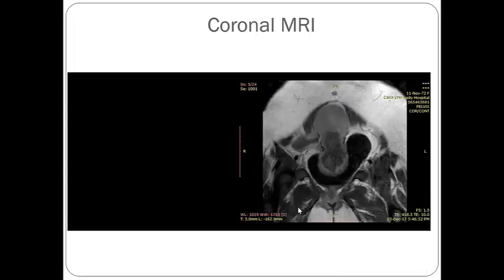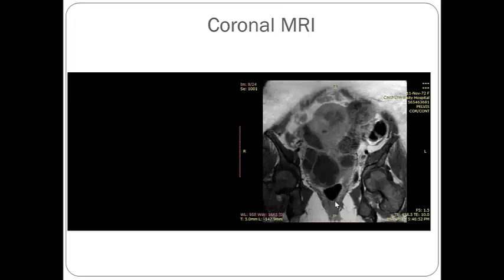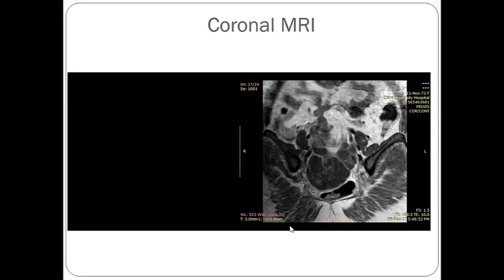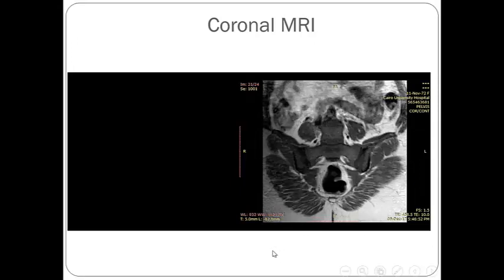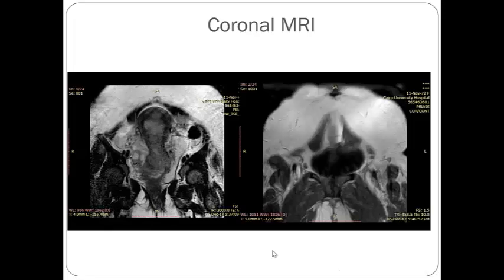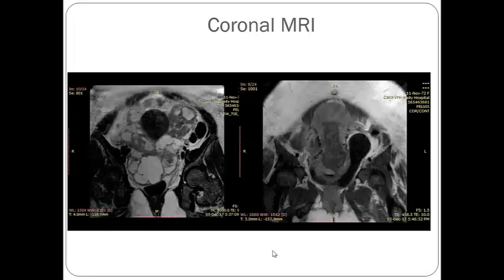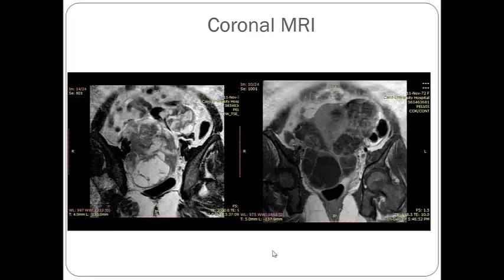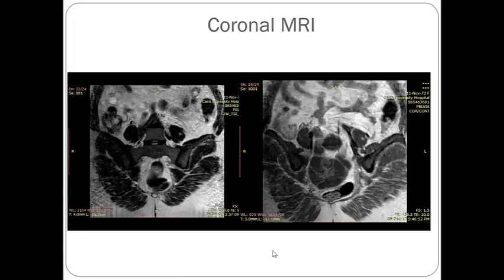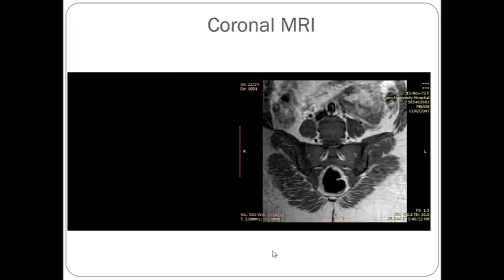Is it cervical extending to the endometrium or endometrial extending to the cervix? And we have also another grave pathology: bilateral malignant ovarian masses, typical, with solid and cystic components, thick septi, and enhancement post-contrast.